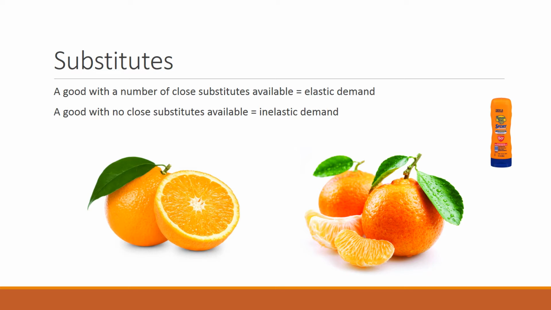Now you might be in the mood for one over the other. You might prefer one over the other. But if the price of oranges were to increase and tangerines didn't, there's a good chance that you might decide to substitute tangerines for oranges because they are so similar and they, again, serve the same type of purpose for the most part if we're looking for some kind of citrus fruit to eat.